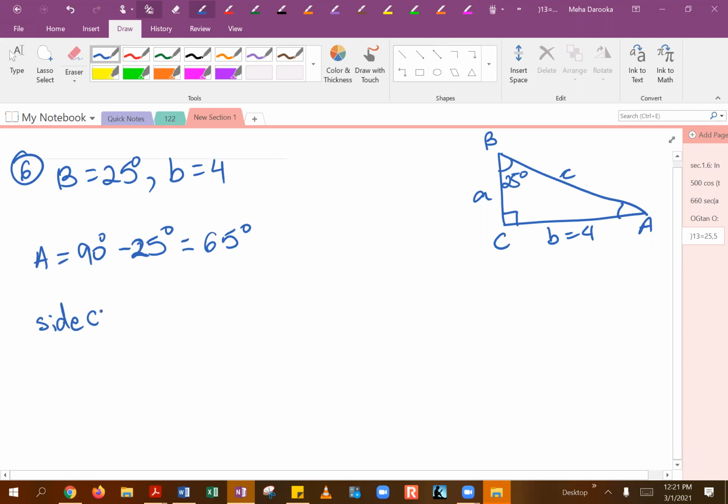So that leaves us with just side A, because we have obviously all 3 of our angles. We have 2 of our sides. So here's my recommendation when you're working on these examples. Do not use side C to help you find side A. And the reason for that is side C is a number we just calculated, and that's a rounded answer, right?